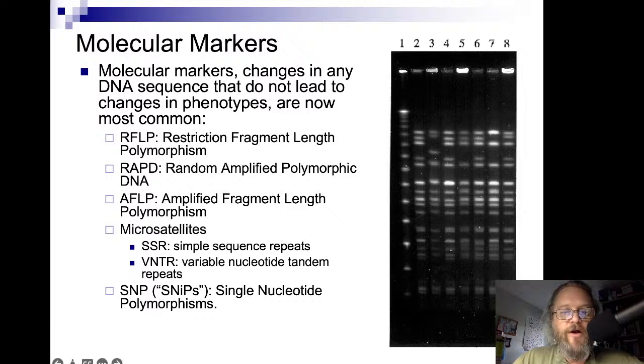When you're comparing different genomes, you can expect that some individuals will have them and some individuals won't. So if you don't have genome sequence, this is a way of interrogating and making comparisons among individuals without actually having the genome sequence itself. Okay?